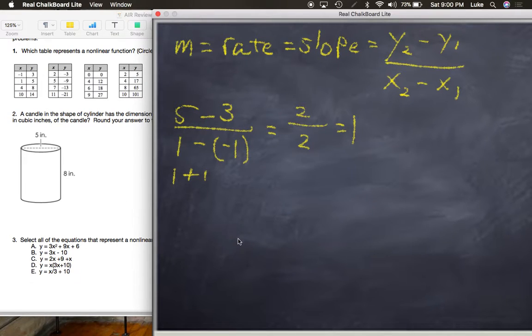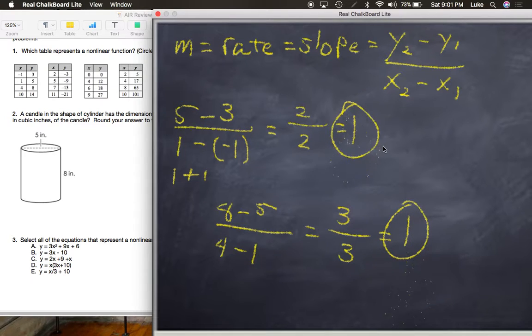8 is going to be our new y2, so I'm going to say 8 minus 5, that's our new y1. And then our x2 is going to be 4, and our x1 is going to be 1. So it's going to be 4 minus 1. Now 8 minus 5 gives us 3. And 4 minus 1 also gives us 3, which is going to be a slope or a rate of 1.